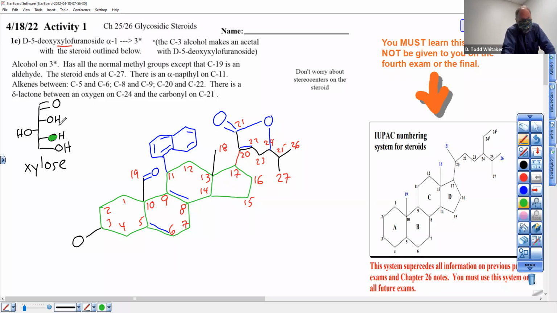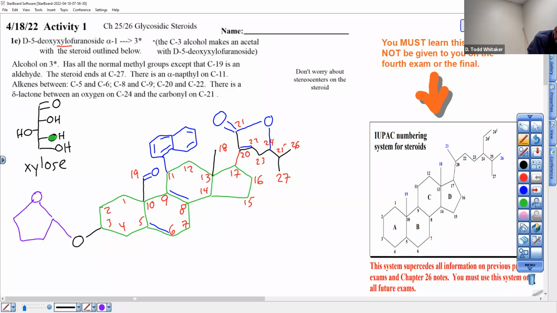If you've been practicing a long time, then you know alpha on all the D sugars is down, like your biology teacher told you. Okay? But that's not the definition of alpha. So I'm going to draw that downward. I'll draw my sugar in purple.